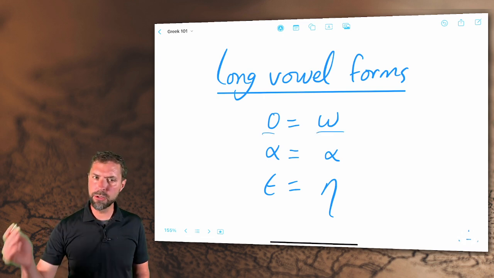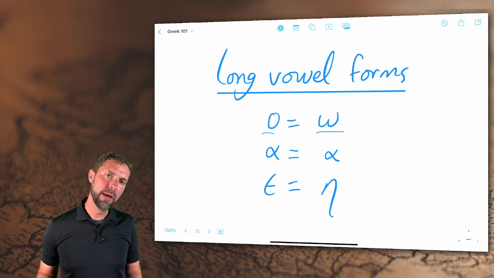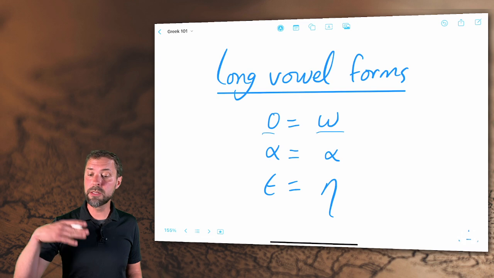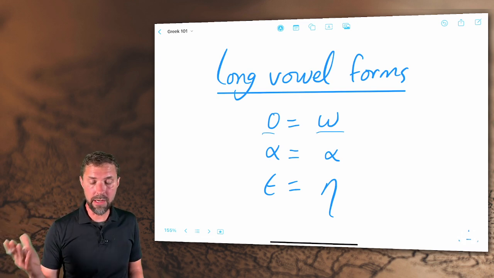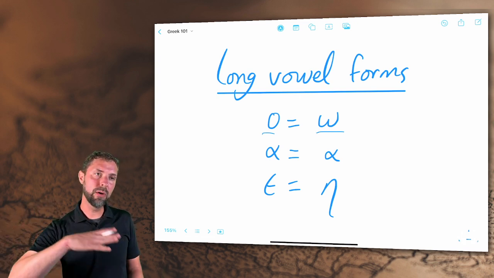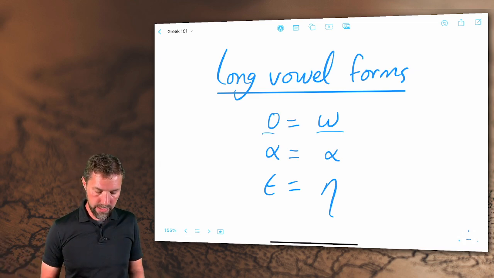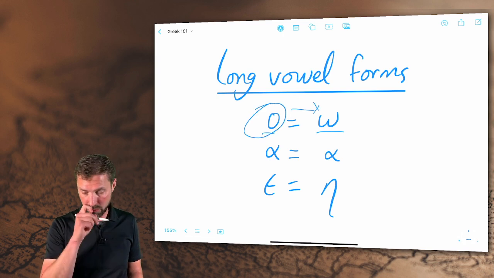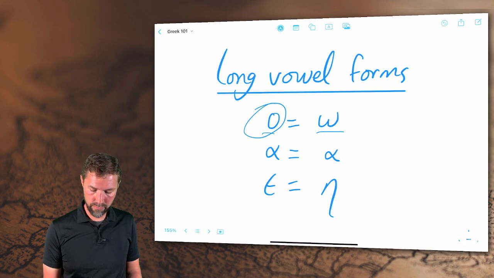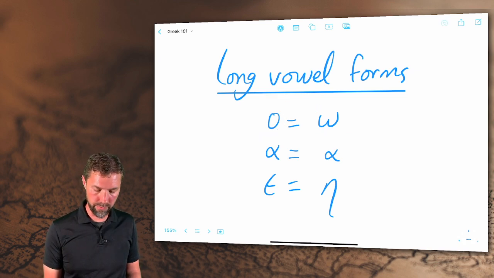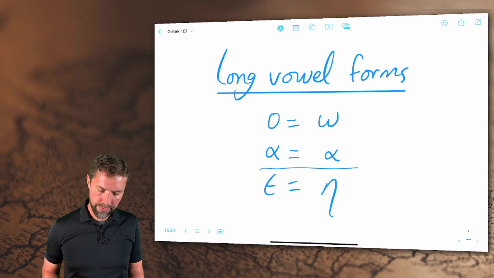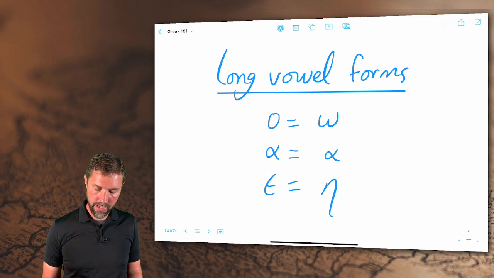Lengthen, remember you learned short vowels, long vowels, okay? So the short vowel form turns into a long vowel form. We call that process lengthening. The vowel lengthened, it turned into its long form. And so what we're saying here is that omicrons will convert, or lengthen, to omegas. That's the connection between those verbs that you want to know. Alphas, the long form of an alpha is also an alpha, and epsilon will lengthen across to eta.